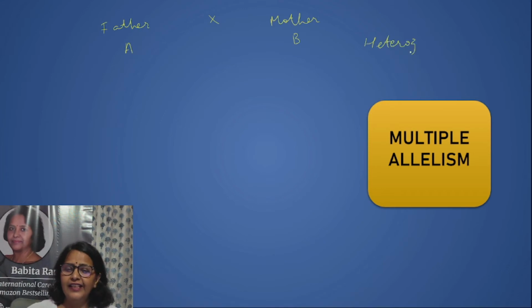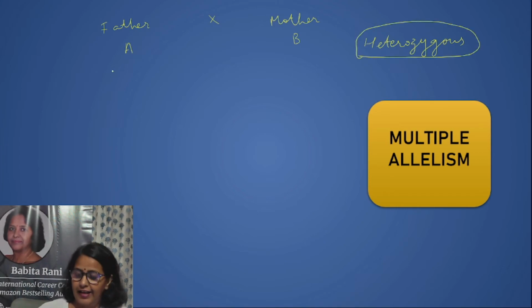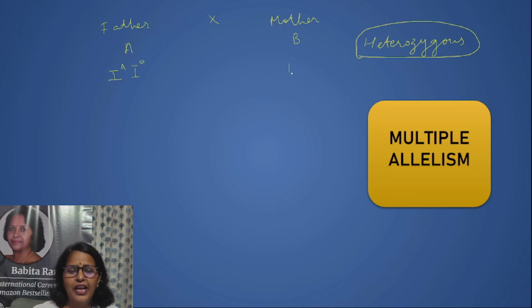Until and unless it is mentioned that it is a homozygous condition, we will take it as heterozygous. So, what is the genotype? IA and IO for the father, and IB and IO for the mother.